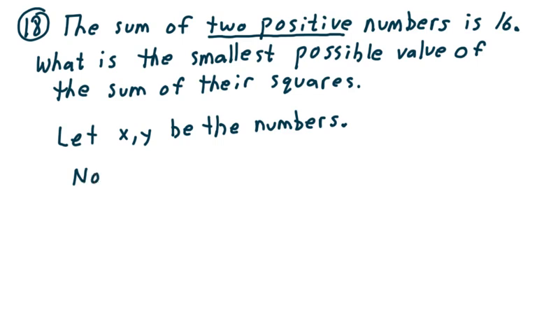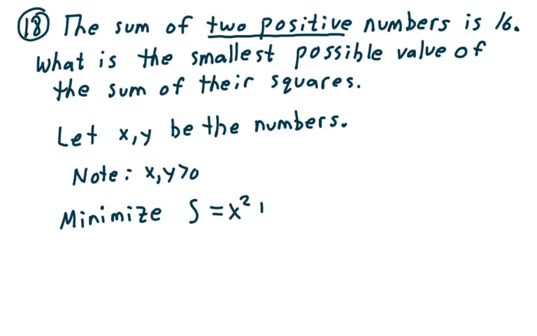So one thing to note is that x and y are positive. So we want to minimize, and we'll call it S for sum, which is x squared plus y squared, right?